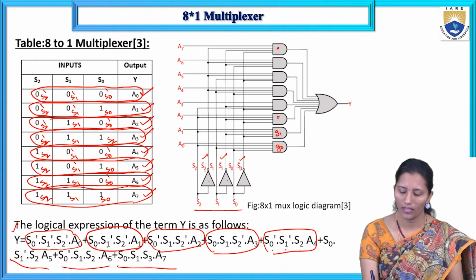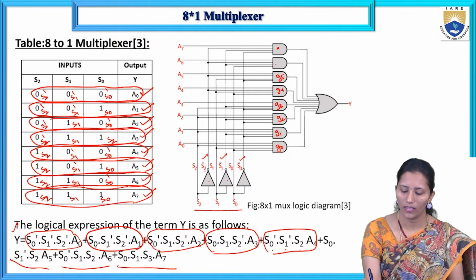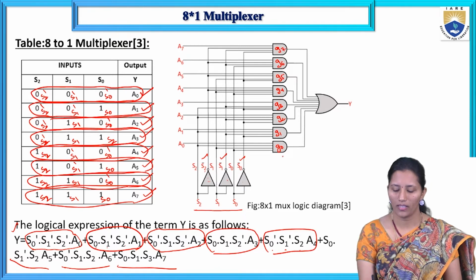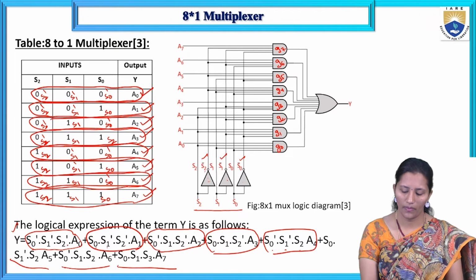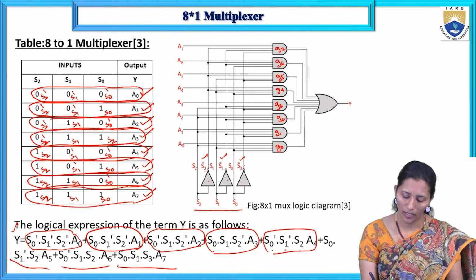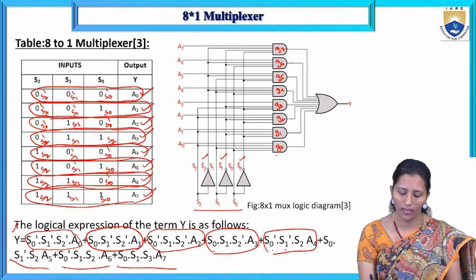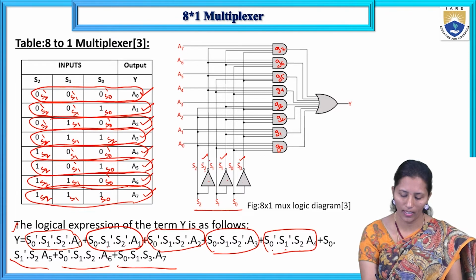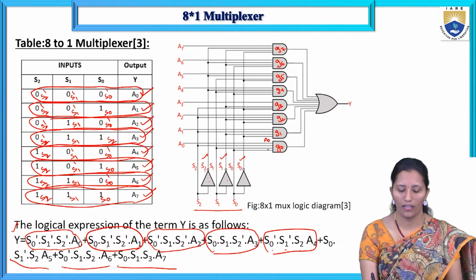Here we have the AND gates G0, G1, G2, G3, G4, G5, G6 and G7. For G0, the first product term is S0 bar, S1 bar, S2 bar, A0, so we connect those inputs to the AND gate.